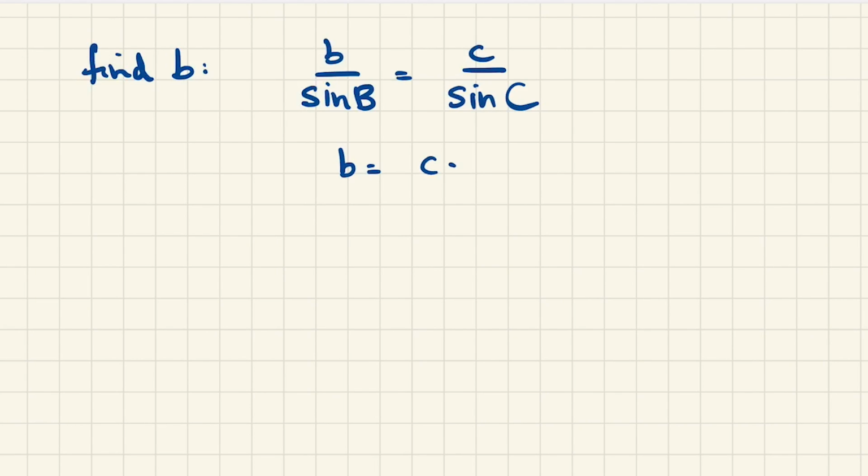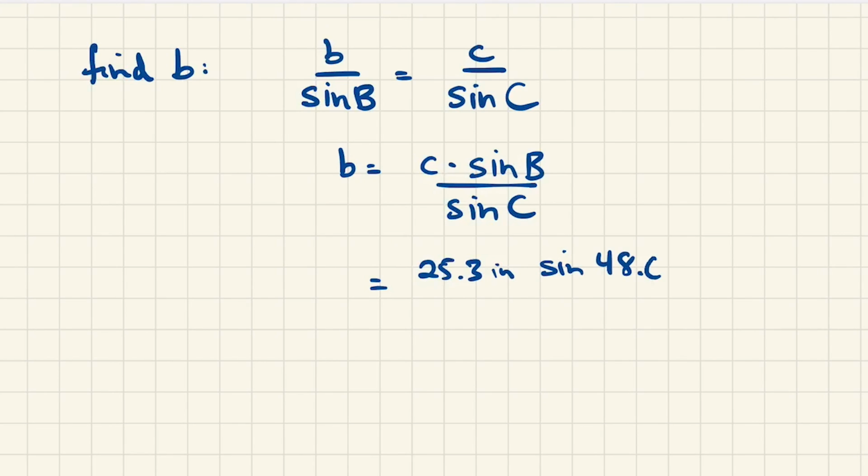So let's solve for little b here. So that's little c times sine of big B divided by sine of big C. And we have that information given. So little c is 25.3 inches. Big B was 48.6 degrees, and big C was given as 102.6 degrees.